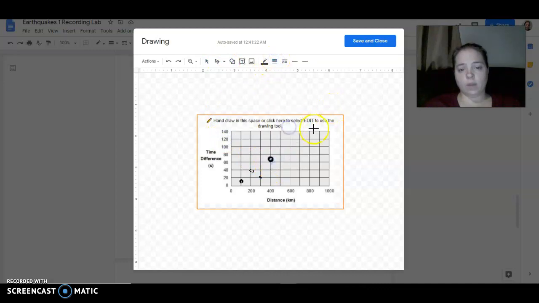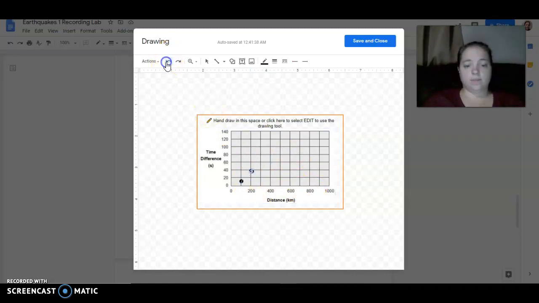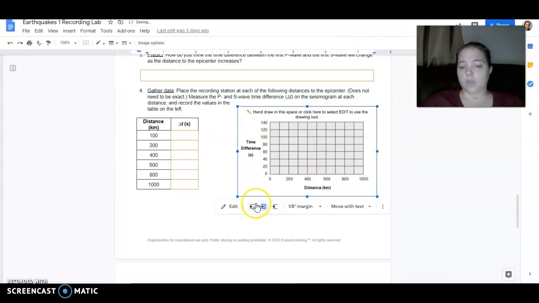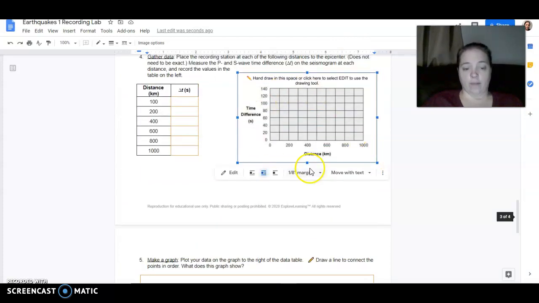I'm going to make that monstrous. So you're just going to do that. And when you're done, I would like you to make a line from each one. Something like that. Yours is not going to look like this. So once you do that, you're done with that graph.